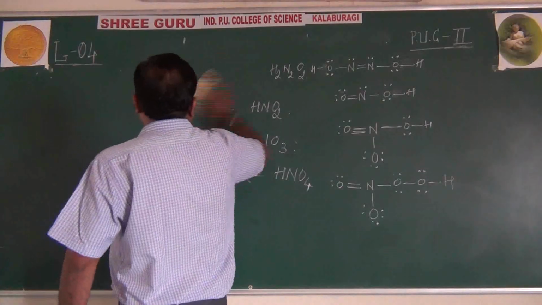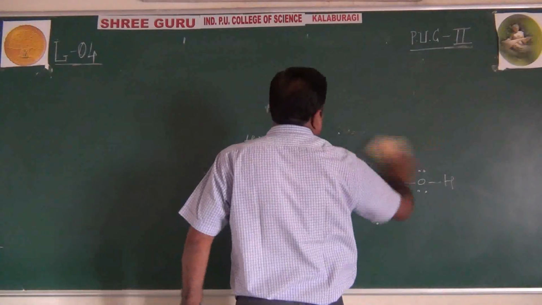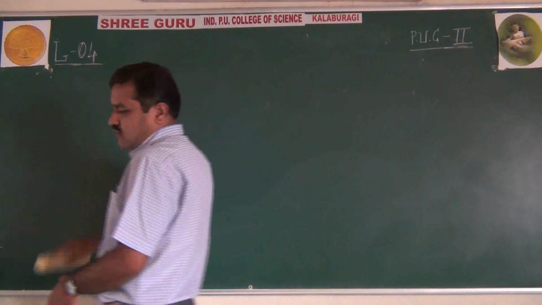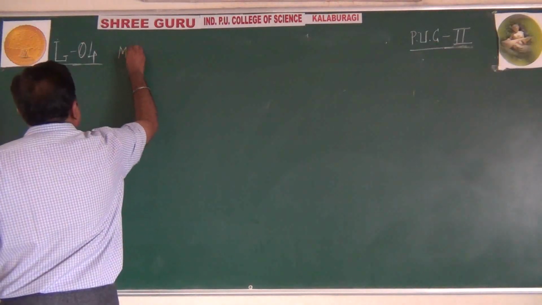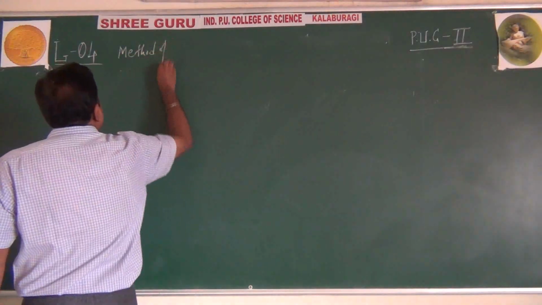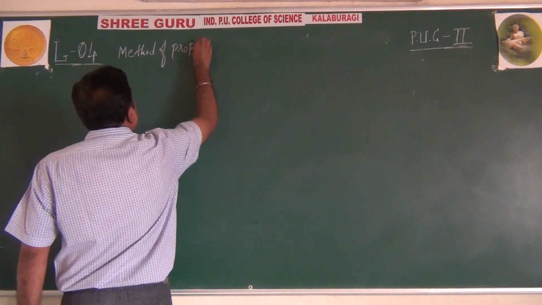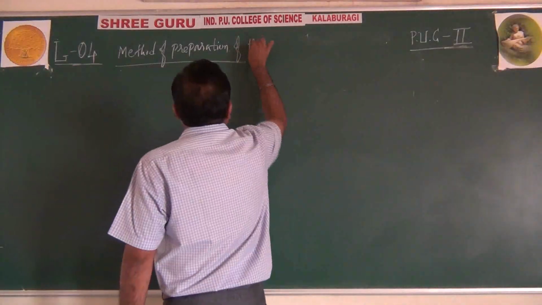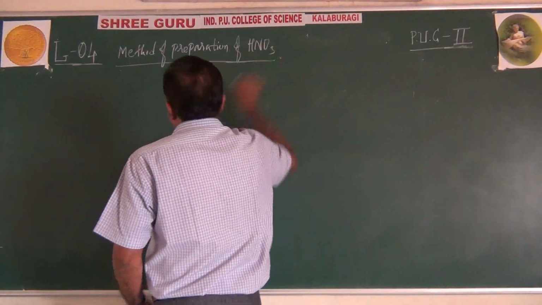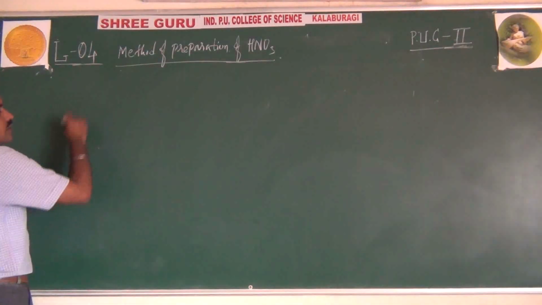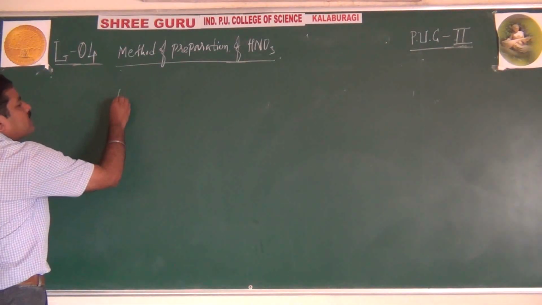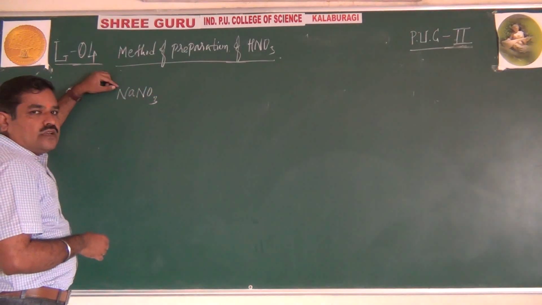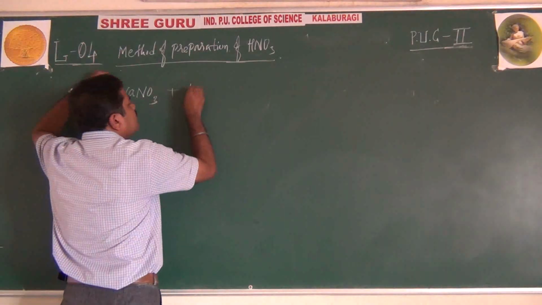I will take you to the preparation of nitric acid, how it is prepared in the laboratory. Method of preparation of nitric acid, HNO3, lab method. In the laboratory, nitric acid is prepared by treating sodium or potassium nitrate, NaNO3 or KNO3, with concentrated sulfuric acid.